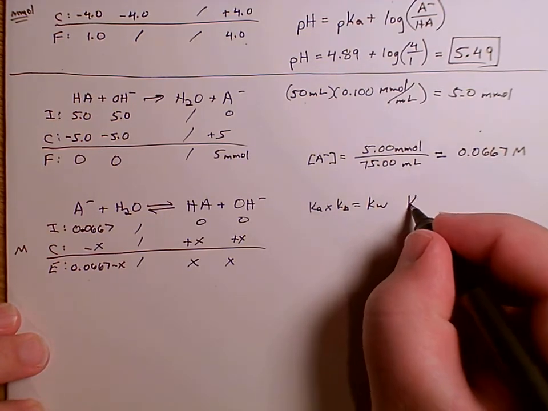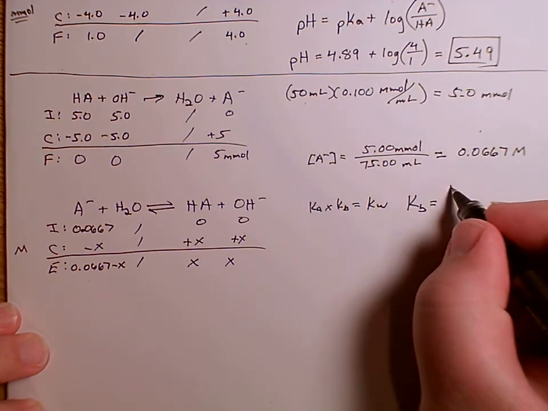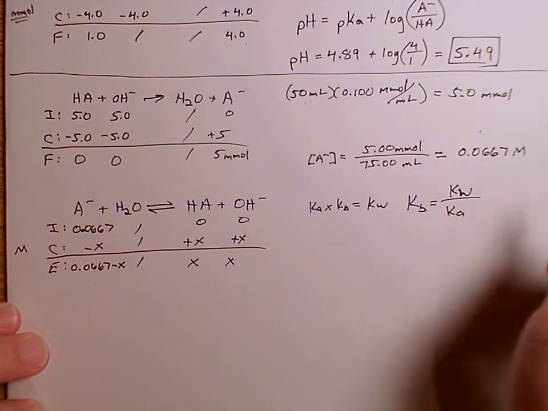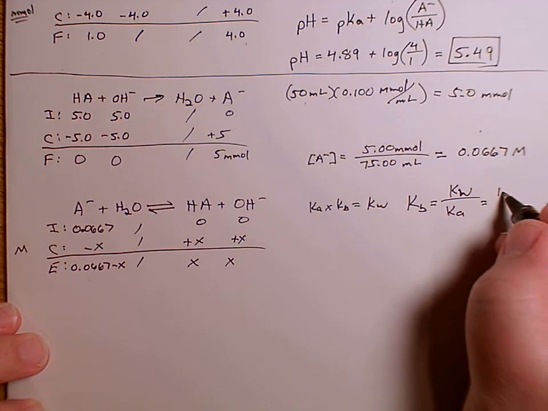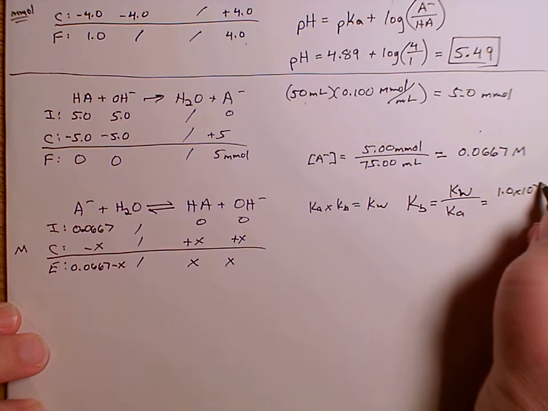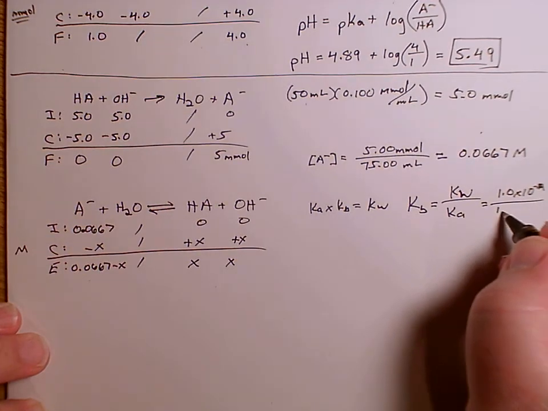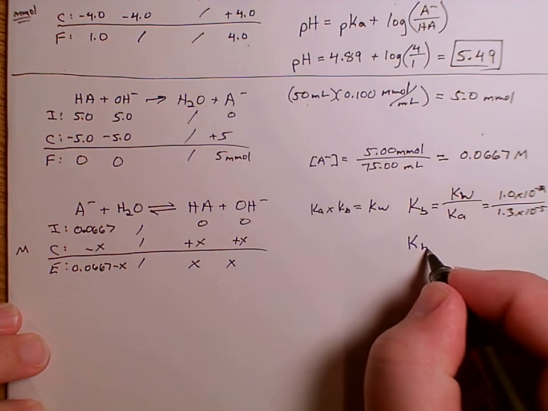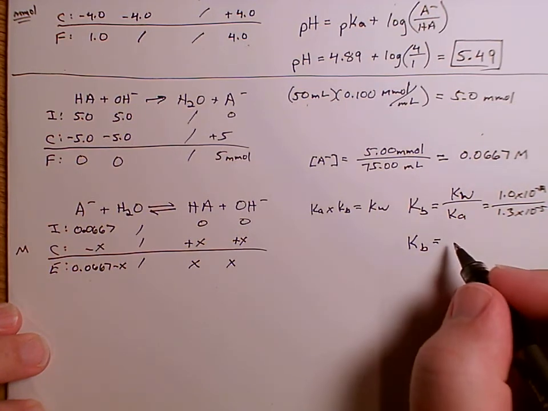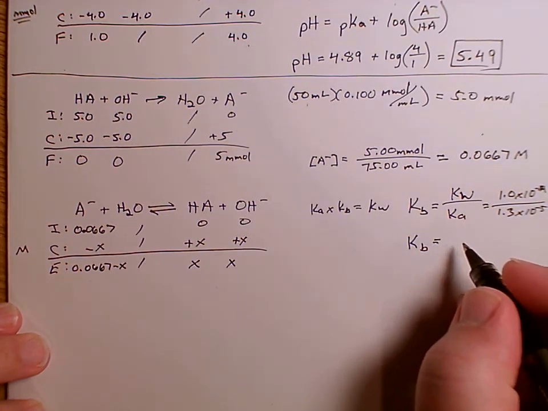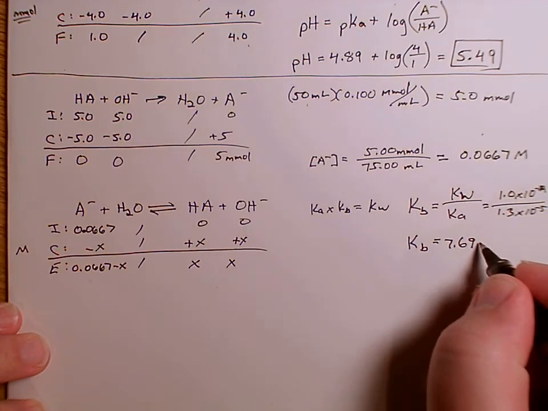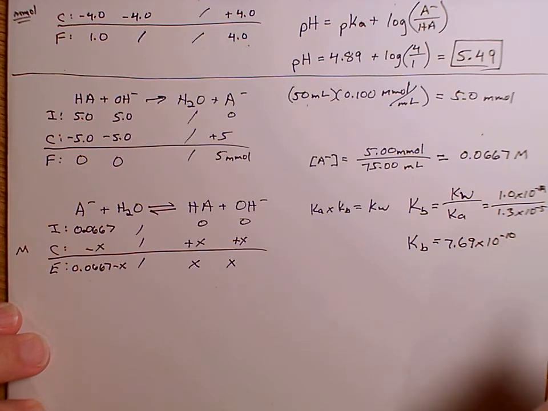Therefore, the Kb value will equal Kw divided by the Ka. So Kw, 1.0 times 10 to the minus 14, divided by Ka, 1.3 times 10 to the minus 5. What does Kb equal? Kb equals 7.69, 7.7 times 10 to the minus 10.